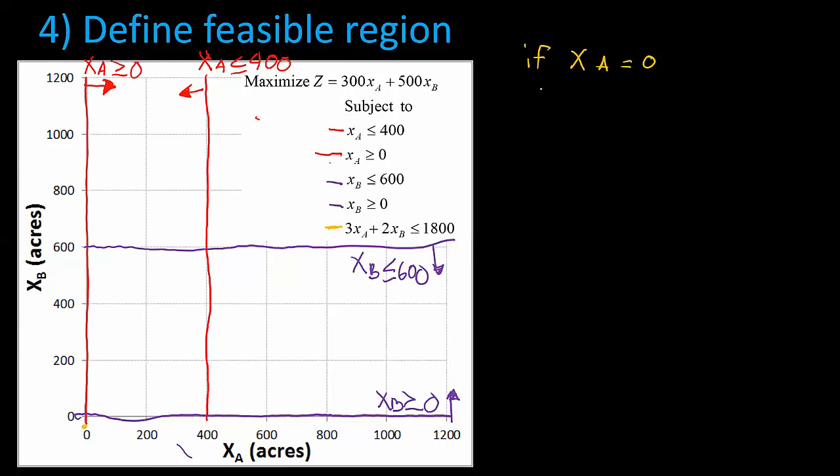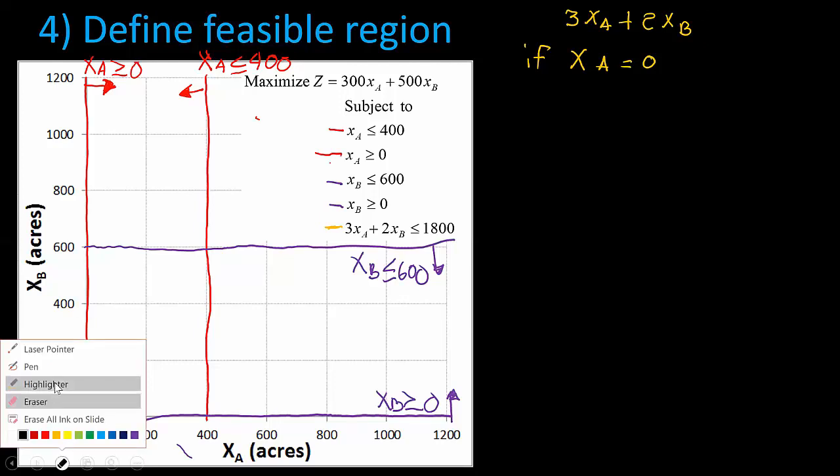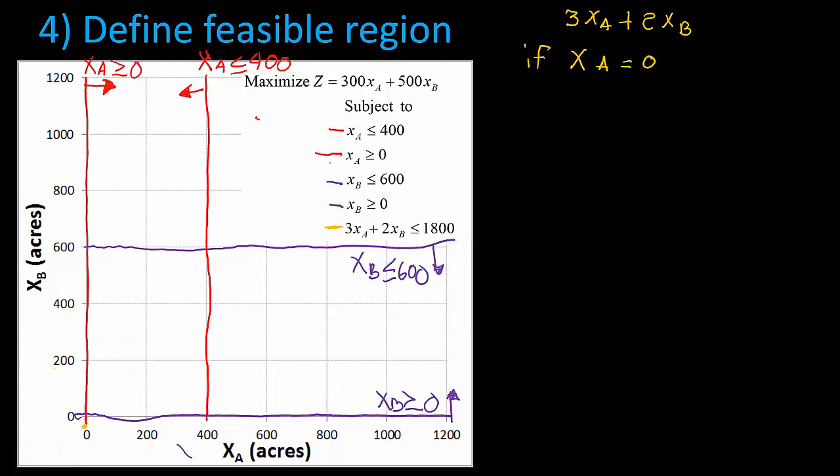Let me write here the equation: 3XA plus 2XB, and in this case I'm going to write it as an equation, not as an inequality, equal to 1800. So if XA is equal to 0, then we're going to have 2XB equal to 1800.